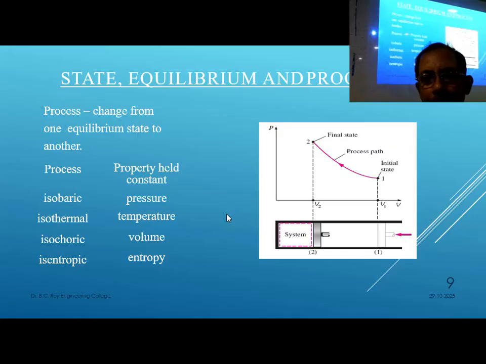If you suddenly push it from this position to this position, pressure will be enormously changed, volume will be changed, and temperature also may vary, because compression produces heat, and expansion gives cooling.